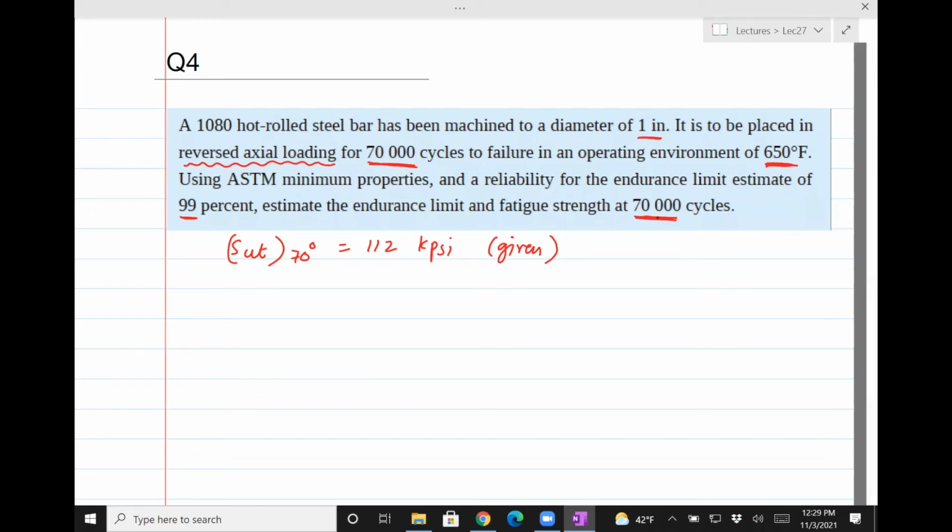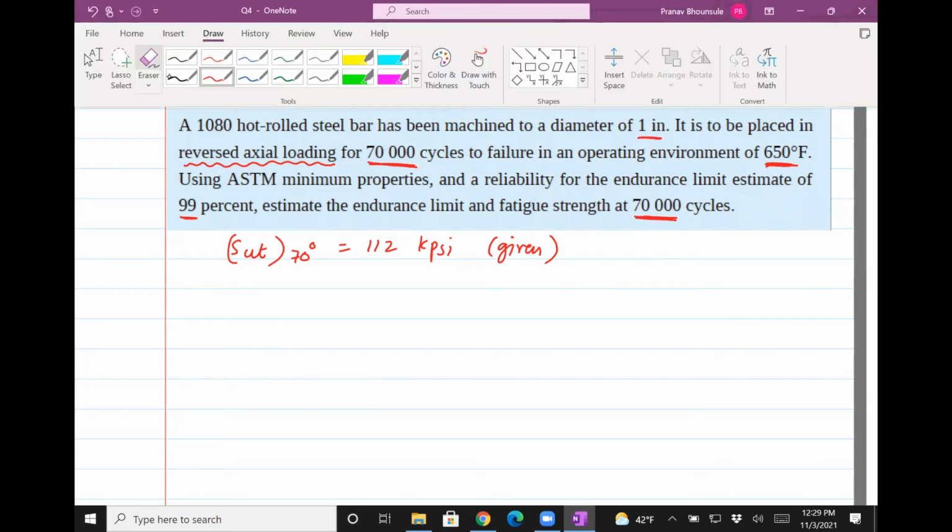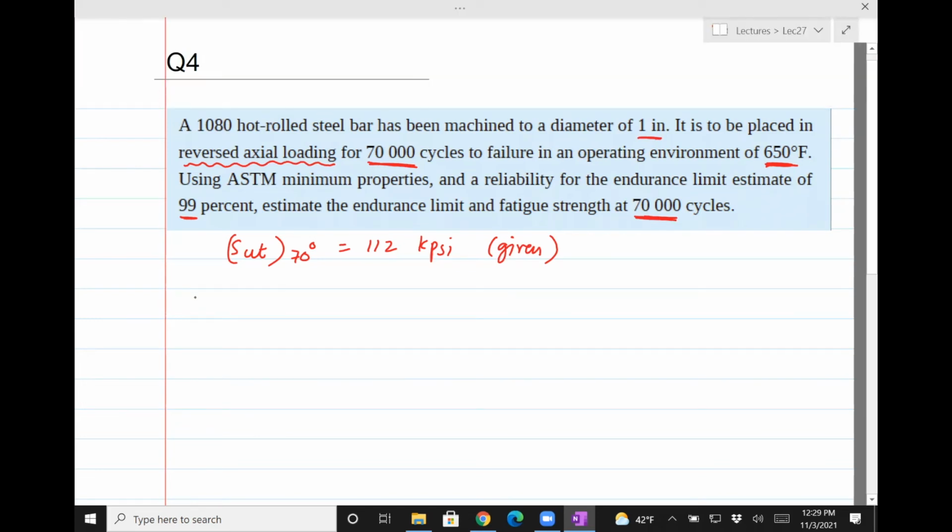Okay, so we need, let's see, we need the endurance limit and the fatigue strength. Okay, and the fatigue strength, by the way, is given by this formula, right?